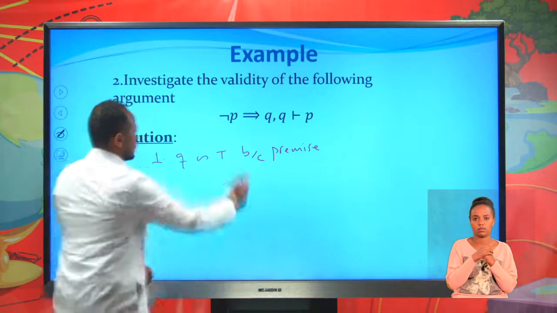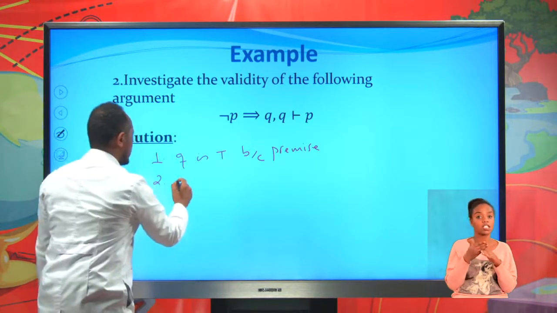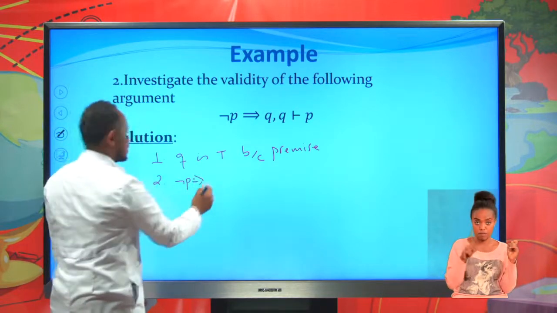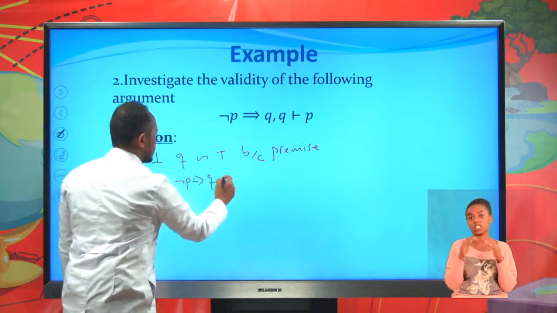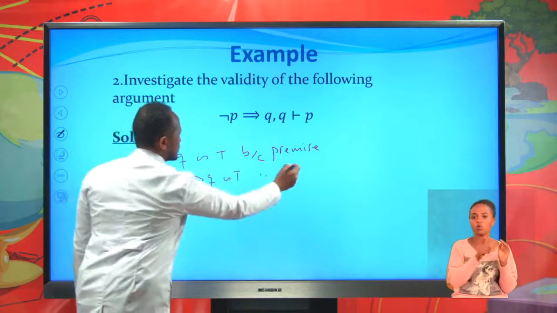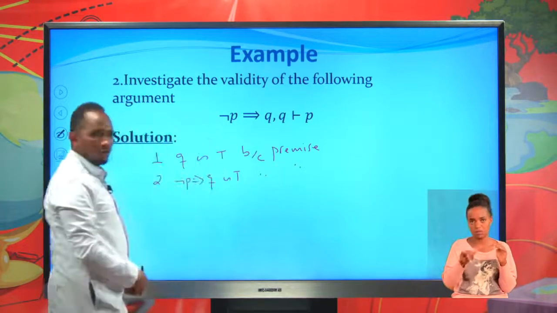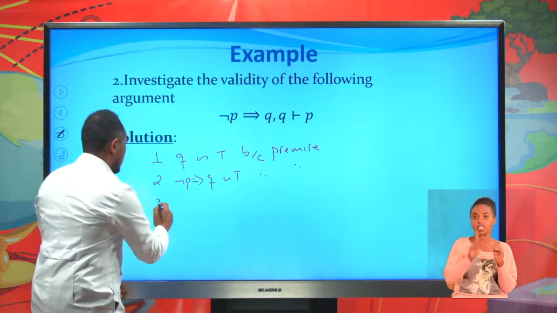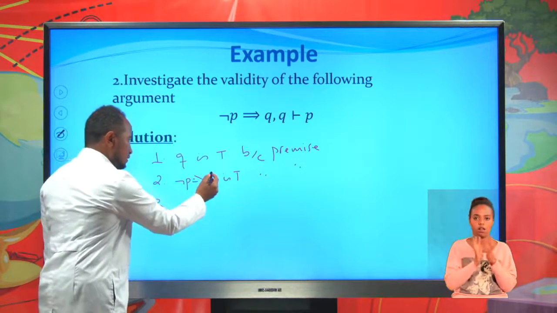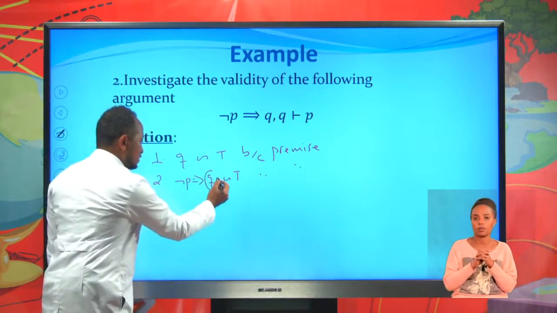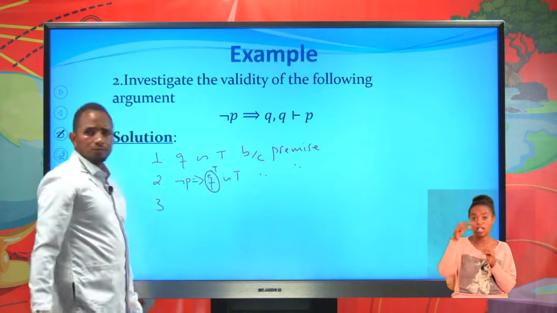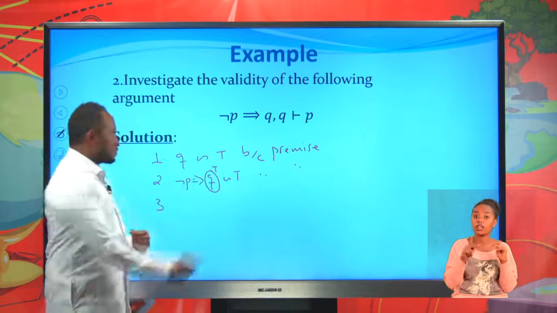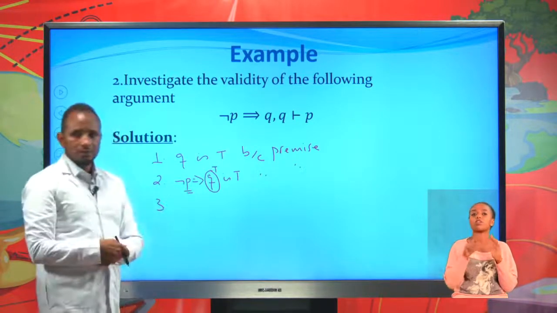Second, negation of P implies Q is also true with the same reason, because both are premises. So we assume these to be true. Now, we know that Q is true, and negation of P implies Q is also true. So what will be the value of this negation of P?